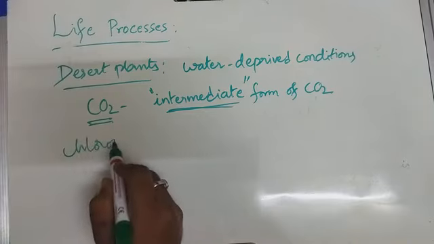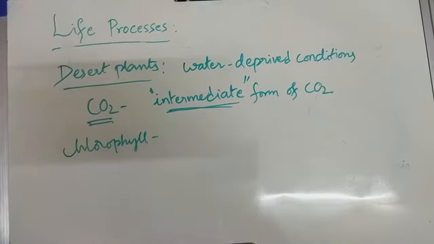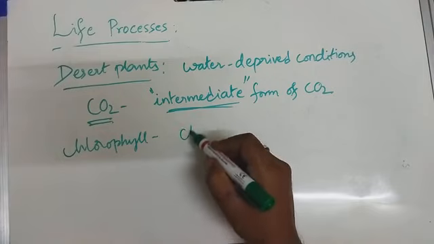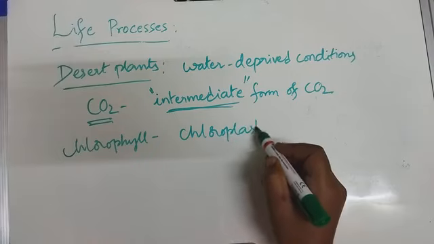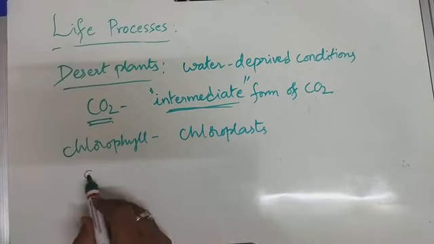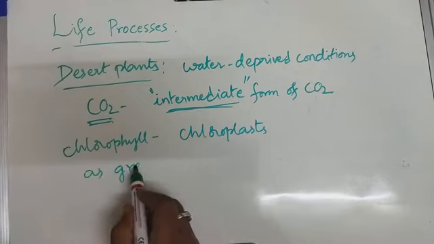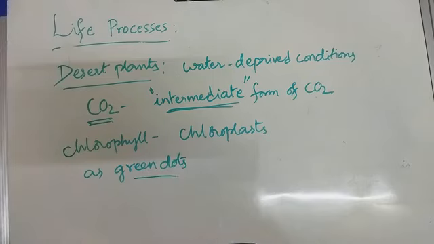Chlorophyll is a green colored pigment. Chlorophyll is present in specialized cellular organelles called chloroplasts. Chloroplasts can be seen as green dots in the cross section of any leaf.